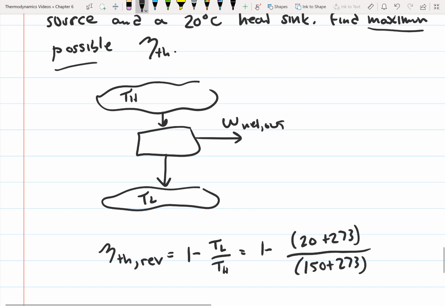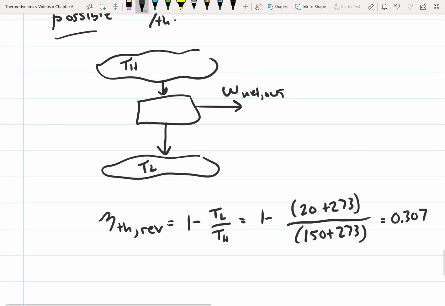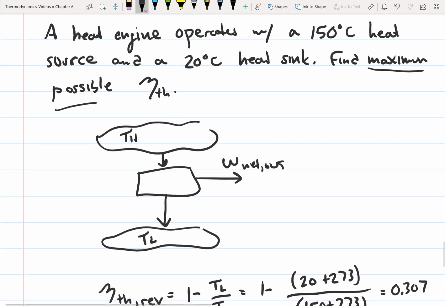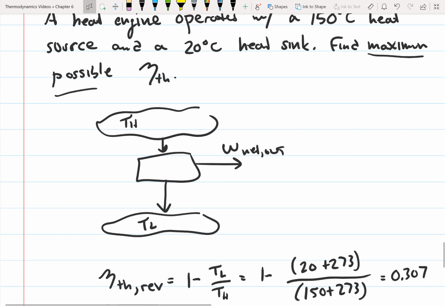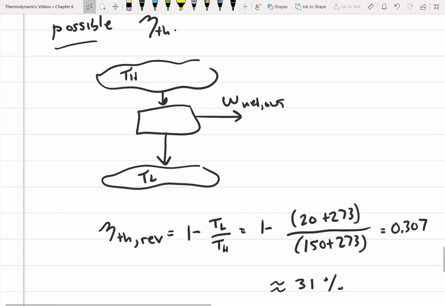So we're just converting those temperatures to Kelvin. And this works out to 0.307, which means that this is approximately 31% efficient. So the highest efficiency we can have with this particular temperature source and heat sink is about 31%.